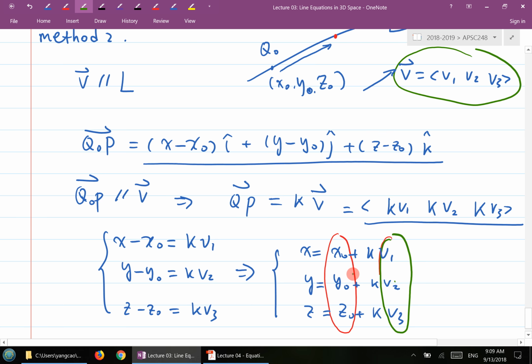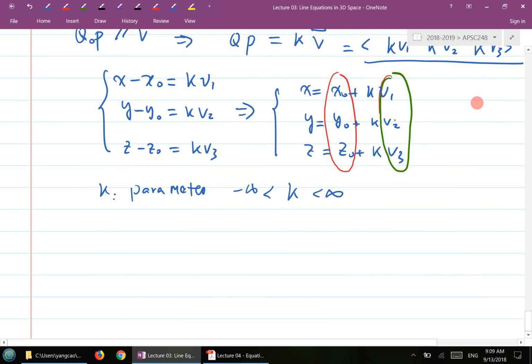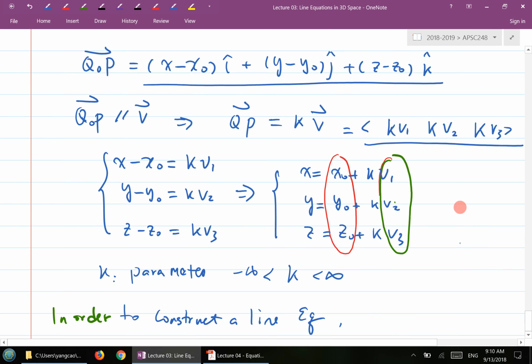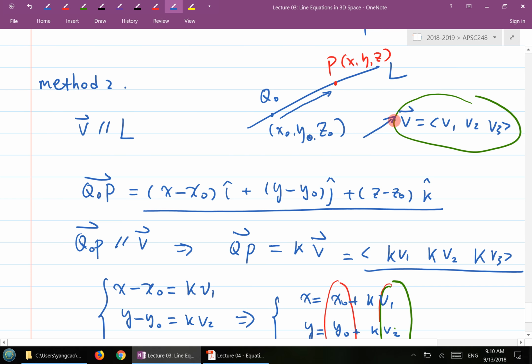So I can conclude now. In order to construct a line equation, what information do I need? You need a direction for the line, but let's put it the other way: what you really need is a vector that is parallel to the line. It can be this way or the other way, it doesn't matter.